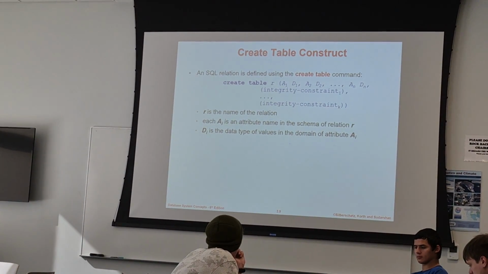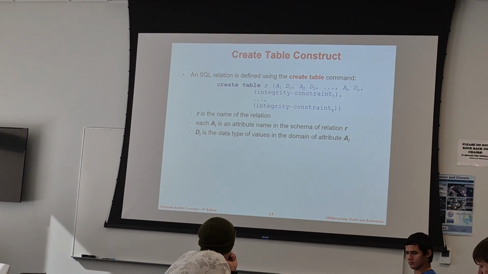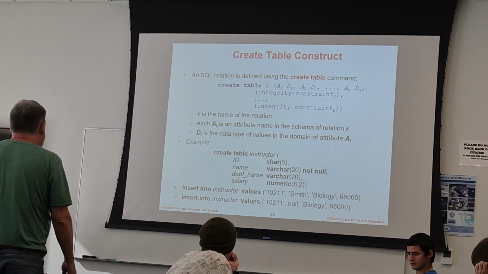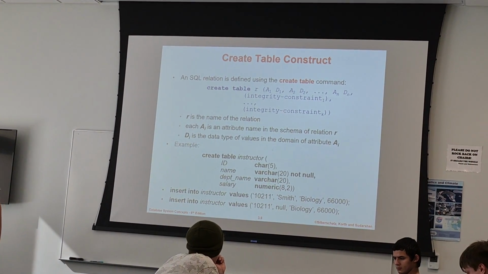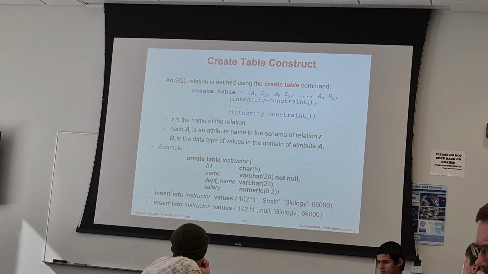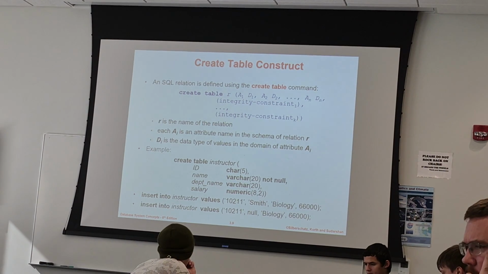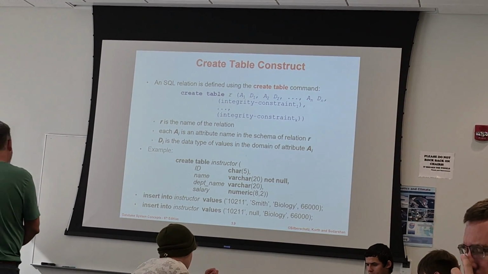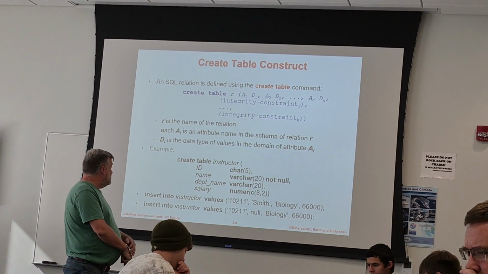So I believe I've talked about R, and I've talked about the capital A's and the capital D's. An example of this: to create the instructor table that you have in the database schema in front of you, you know that the instructor table has 4 columns in it. It has an ID column, and that's going to be a char data type of size 5.